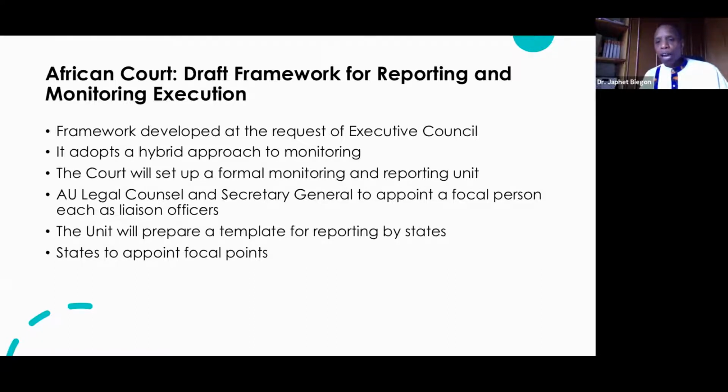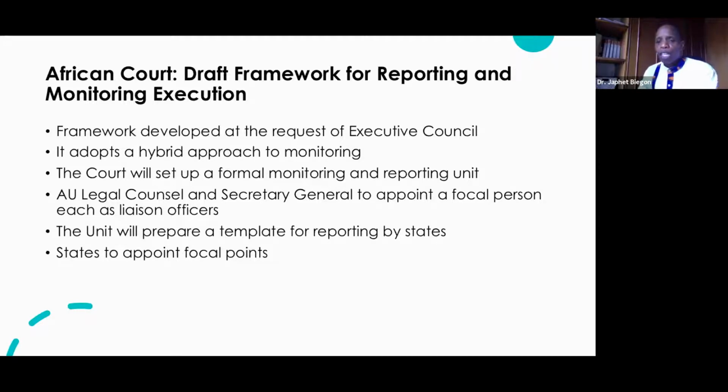And it comes up, as I'll be mentioning shortly, with a hybrid model, and stipulates very clearly, very elaborately, how the court will be handling cases of non-compliance, but also how it's going to monitor its decisions. It has several elements that I could quickly mention. The first is that it adopts a hybrid approach to monitoring, as I initially said.